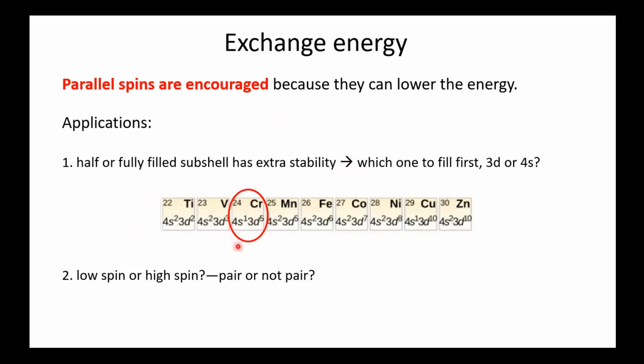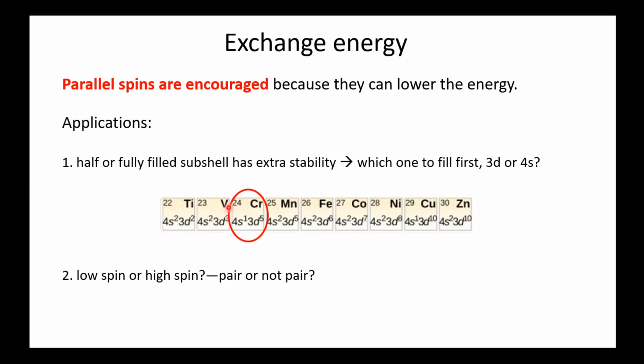So I take the example of chromium, right? Chromium has 6 valence electrons. Then the 6 valence electrons have to decide which orbitals they want to fill first. We have the 3d and the 4s.